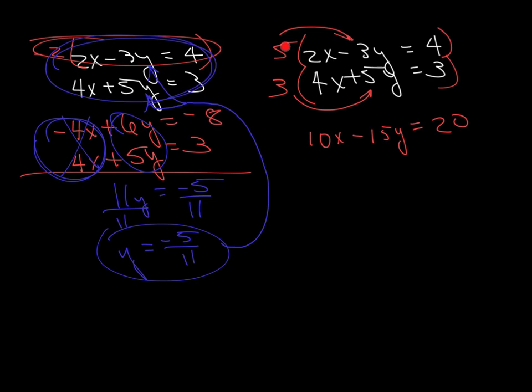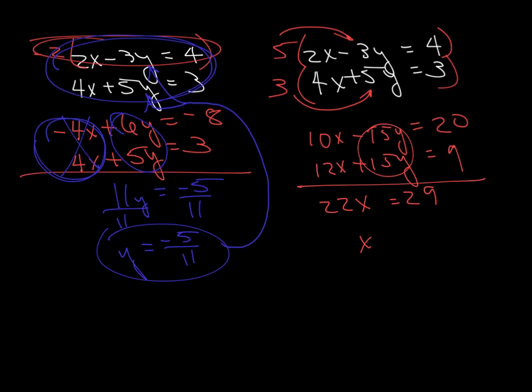So what I did, again, is I distributed this 5 to each one of these. Let's do the same on the bottom. 12x plus 15y equals 9. That gives me 22x, those go away, equals 29. x equals 29 over 22. So there's my other answer.